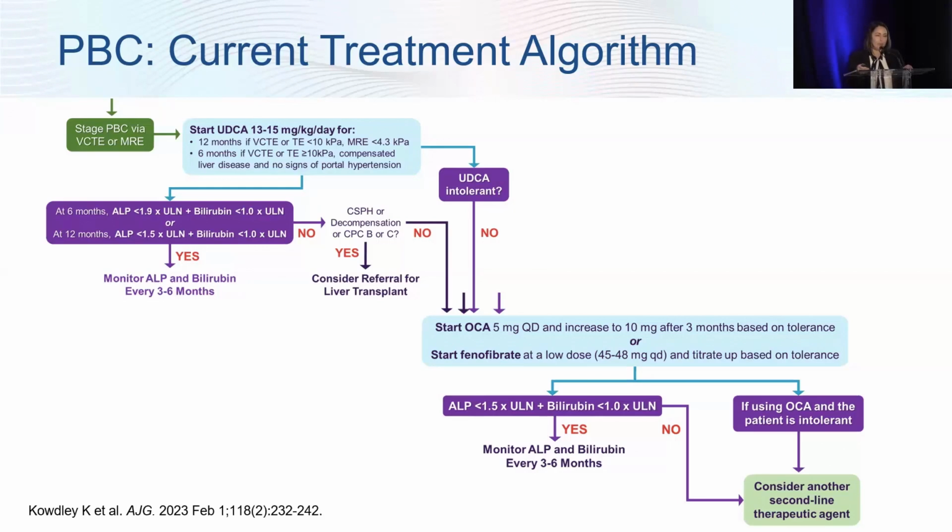And same thing, if you start one of those second-line agents, you're going to monitor liver enzymes 3 months, 6 months, and continue to see if there's an adequate response to those or not. If you are someone who's not practicing at a tertiary liver transplant center and you have a patient without an adequate response to urso, at that point in the algorithm, you may consider referring that patient to a transplant center.